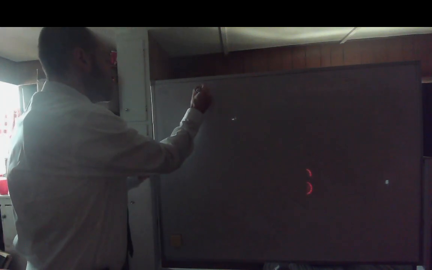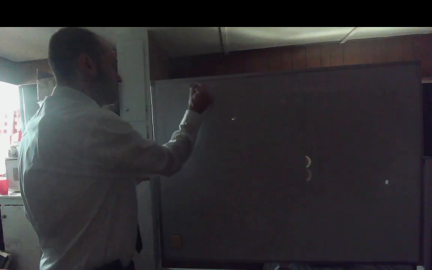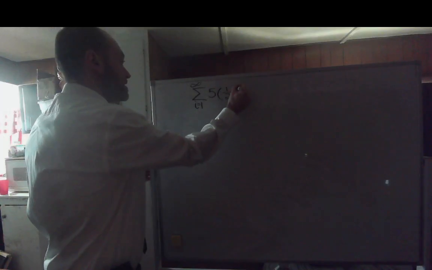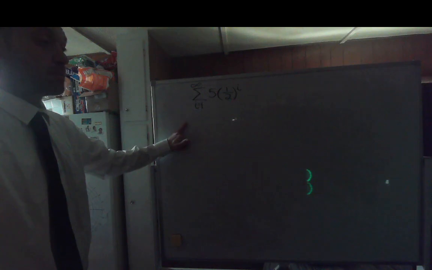So let's say we go from i equals 1 to infinity of 5 times the quantity of 1/2 to the i power. So an infinite series is simply where infinity is your upper limit of summation rather than some finite number.